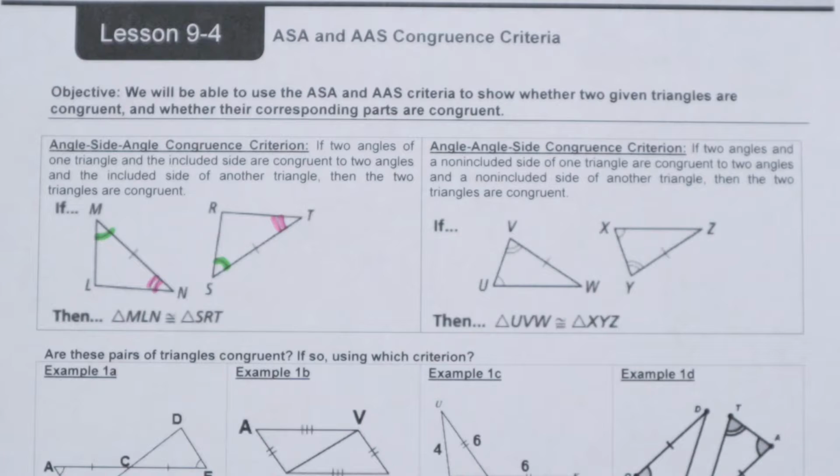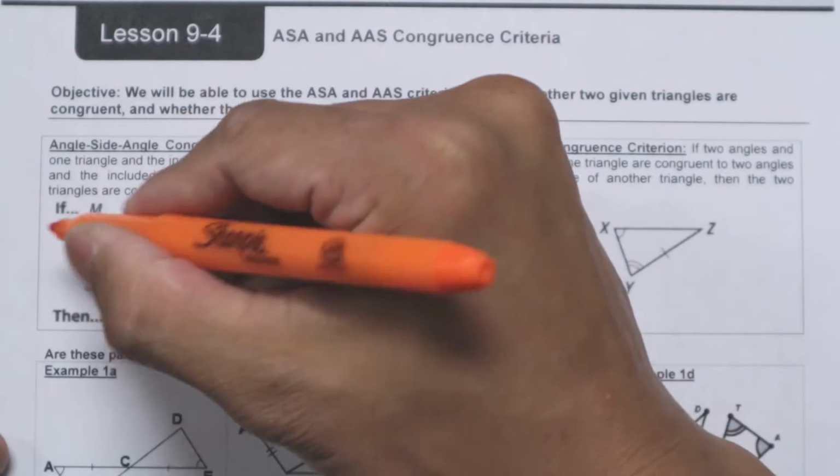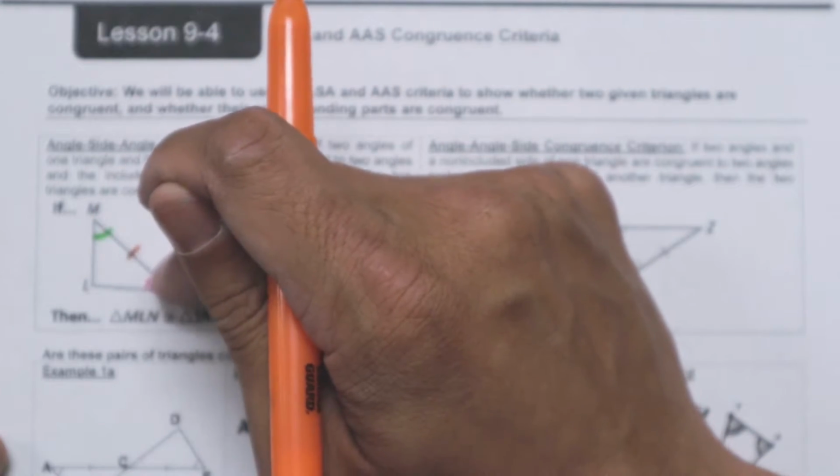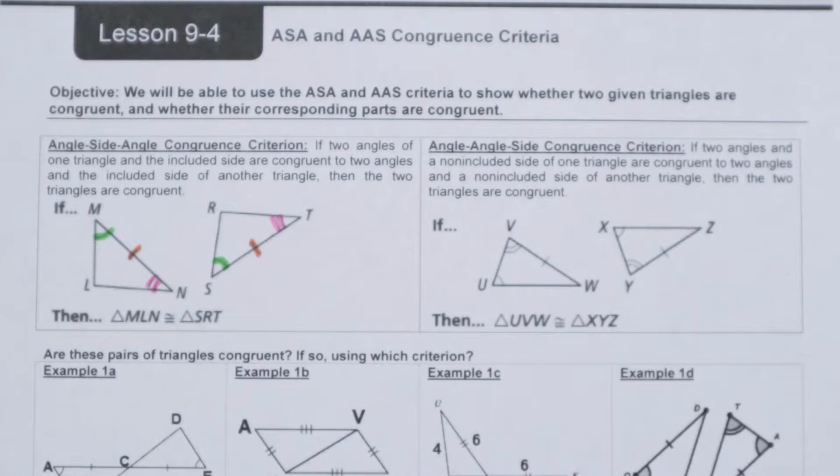Let me use a different color. Let's say use an orange, right? And this side has to be in between the 2 angles. Same thing, this side has to be in between the 2 angles. Then these 2 triangles are congruent. So we're gonna say triangle MNL is congruent to triangle SRT. So that is the angle side angle congruence criterion.